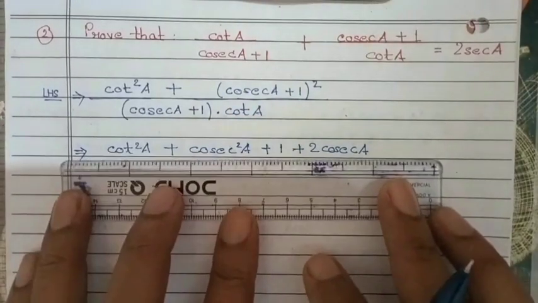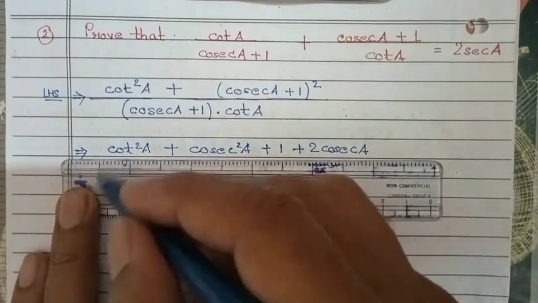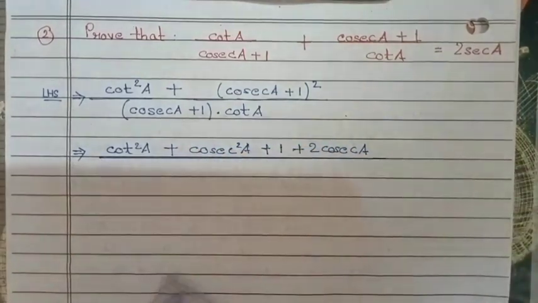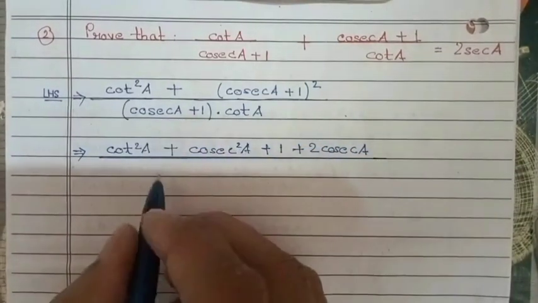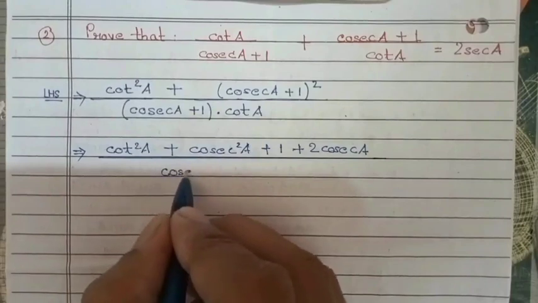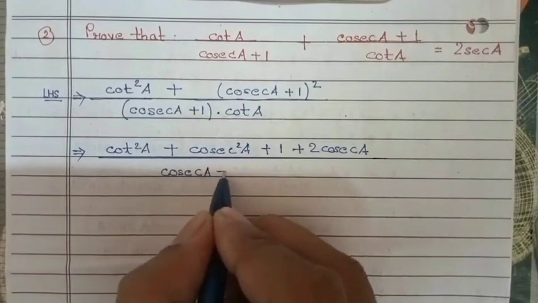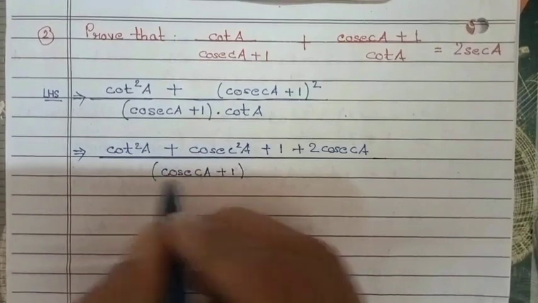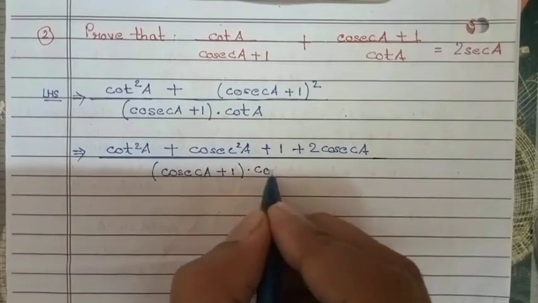So we are getting this result in the numerator place. In the denominator place it is cosec A plus 1 into cot A.